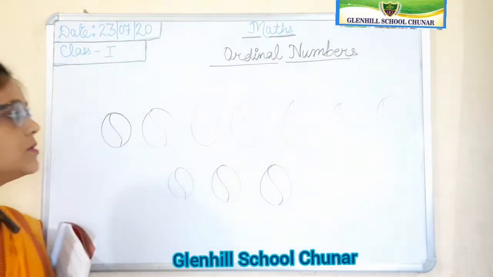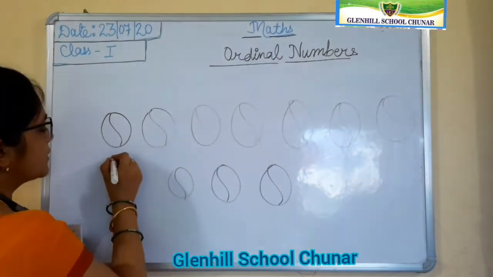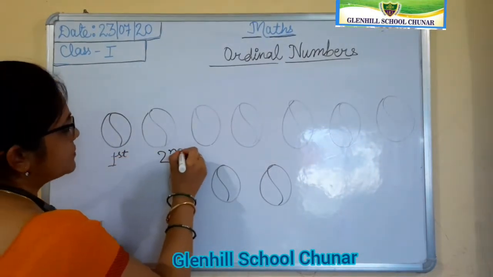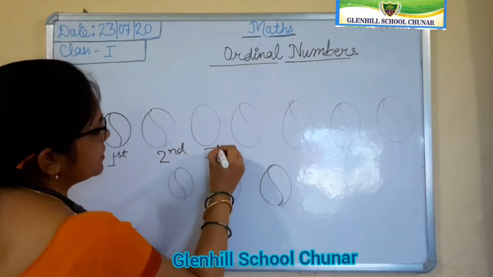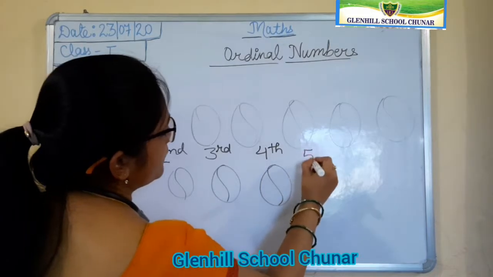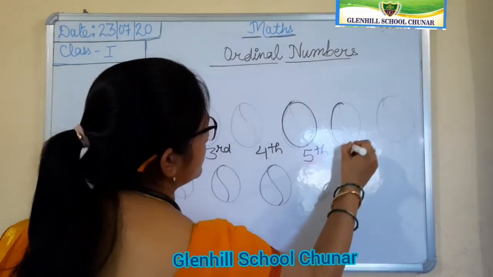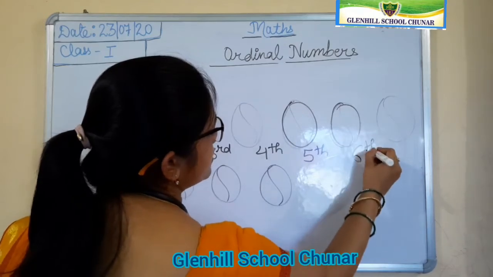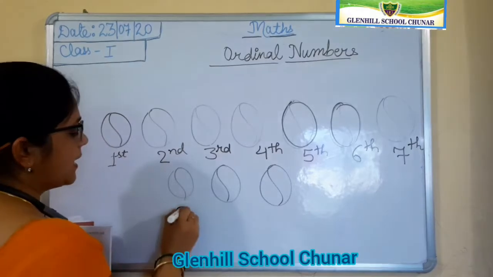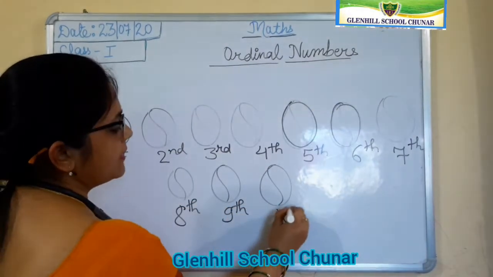These are 10 balls. So what you have to do, what is the position of these balls? This one is in first position, second position, third position, fourth position, fifth position, sixth position, seventh position, then eighth position, ninth position, and then tenth position.